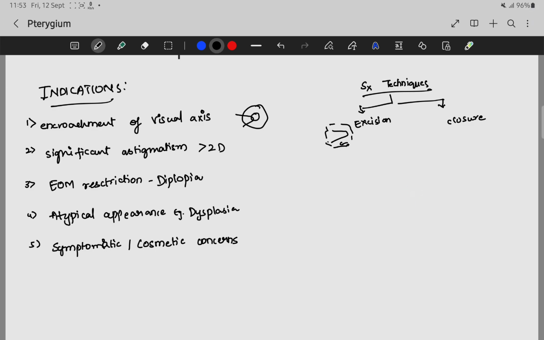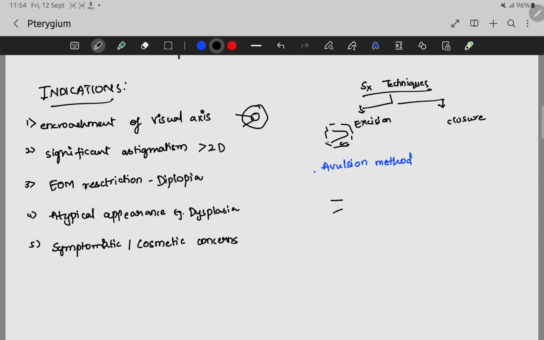Coming to the excision of pterygium, it can be done with the avulsion method. In that, the body is dissected from the underlying sclera, and then avulsion of the head is done by grasping with forceps and applying traction from the cornea.